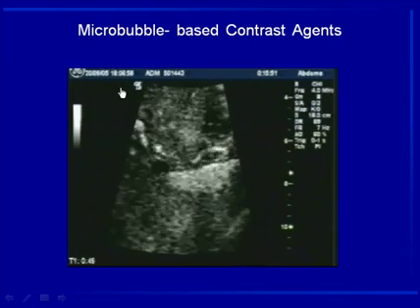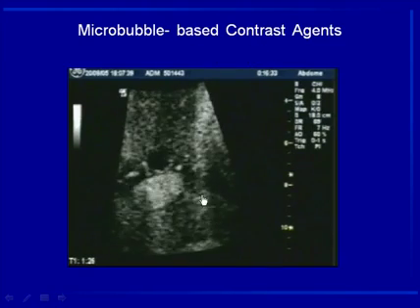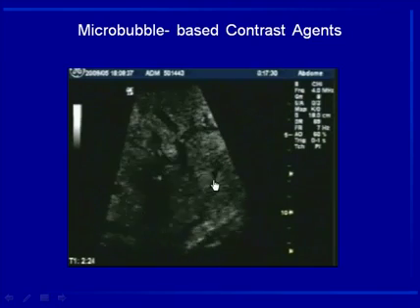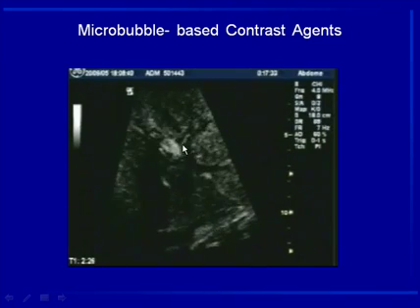This is a case of hepatic artery, the cross-sectional view of the portal vein and the main hepatic artery with contrast-enhanced ultrasound. The left branch of the hepatic artery, the portal vein.